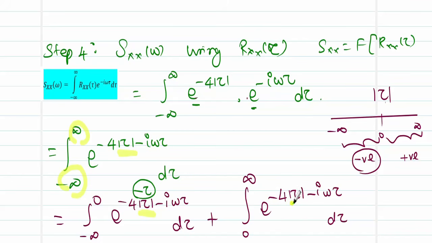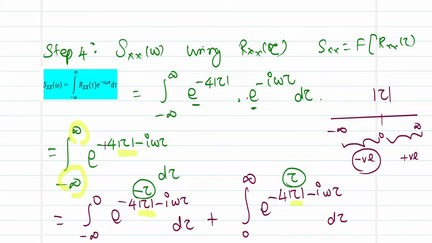Now in the second zone, between 0 to infinity, tau is going to behave in a positive manner. So modulus of tau will be replaced as positive tau over here. So minus of minus makes it plus, minus of plus makes it minus.